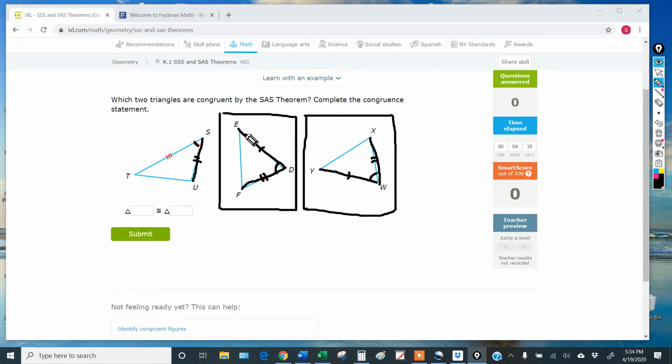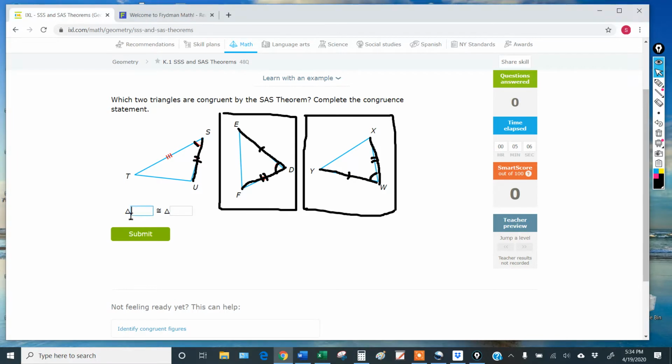So what I have here are SAS conditions. When I have side angle side conditions, then I know that there's only one way to make a triangle that satisfies those conditions. So if I have two triangles here, they can't be different. They must be the same triangle.